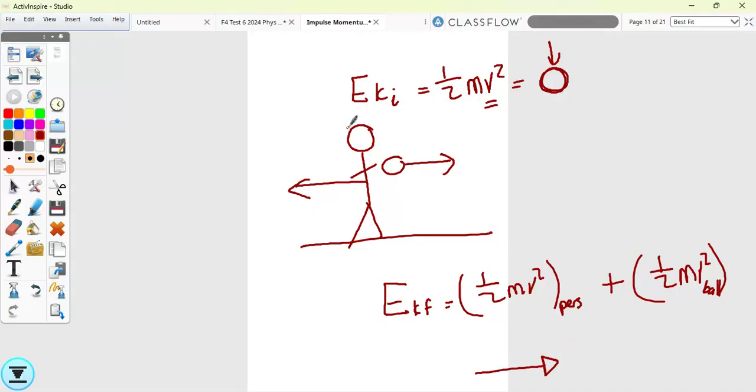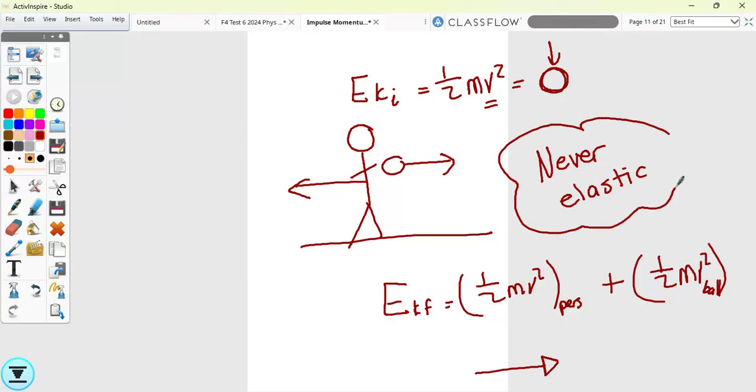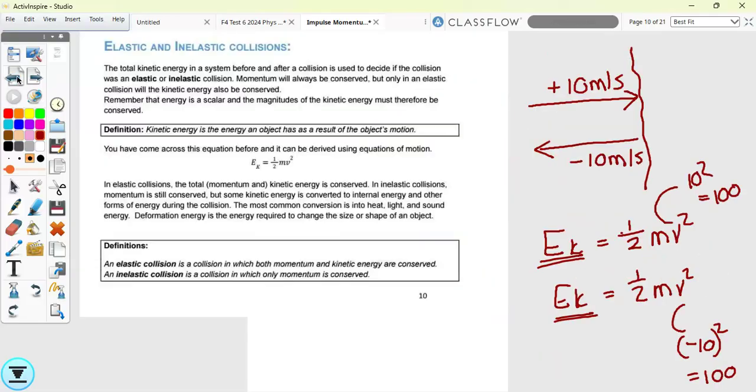So in any explosion type question, kinetic energy can never, ever, ever be conserved. So it can never be elastic. Please remember this. They ask this in multiple choice questions in all kinds of shapes and forms, but it can never ever be elastic. So that's one to look out for.